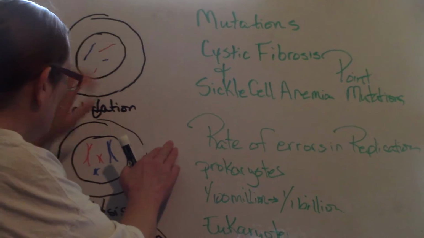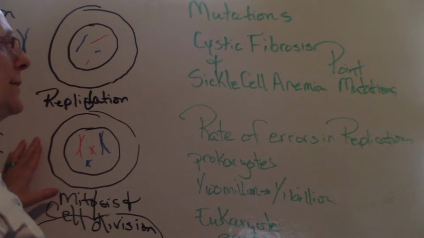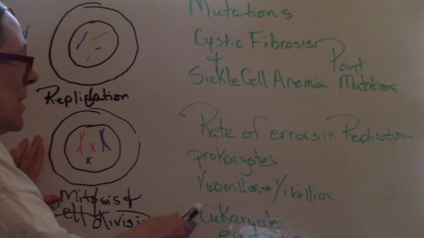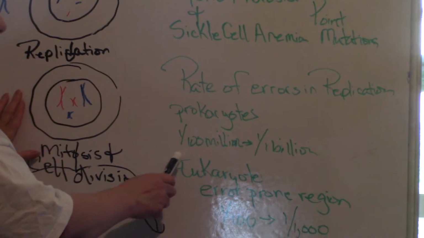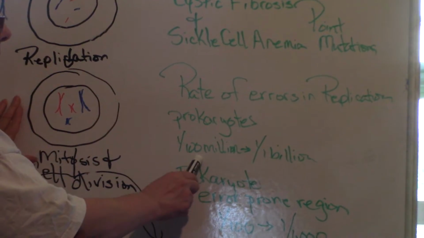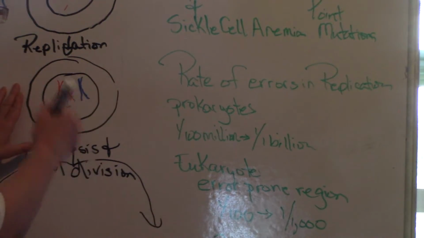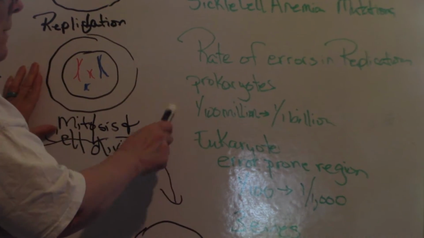Someone asked about the rates of errors in replication. Don't worry about these numbers, but in prokaryotes overall, it's 1 in 100 million to 1 in 1 billion. You can look this up if you want to know more about it.